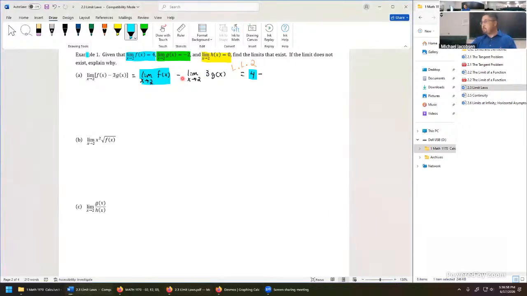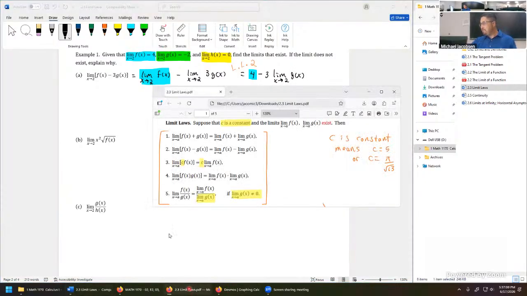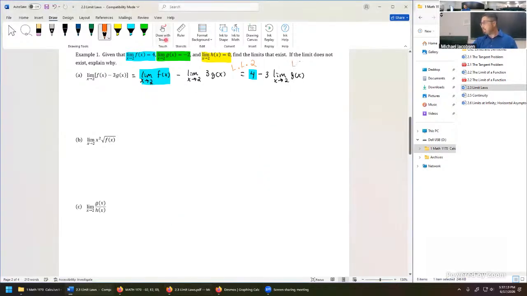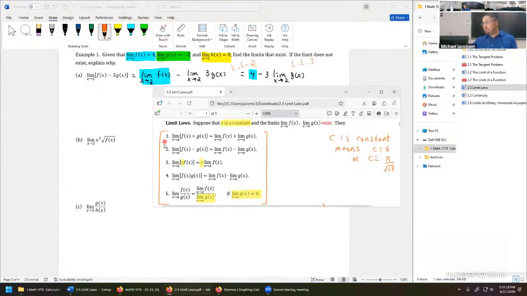So this becomes 3 times the limit as x tends towards 2 of g of x. And I forgot already what limit law that one was. That one is by limit law 3. So now that we've used limit law number 2, limit law number 3, to first split the difference, then to rearrange the constant multiple, 3 times g of x, we can now just make a big substitution right here.